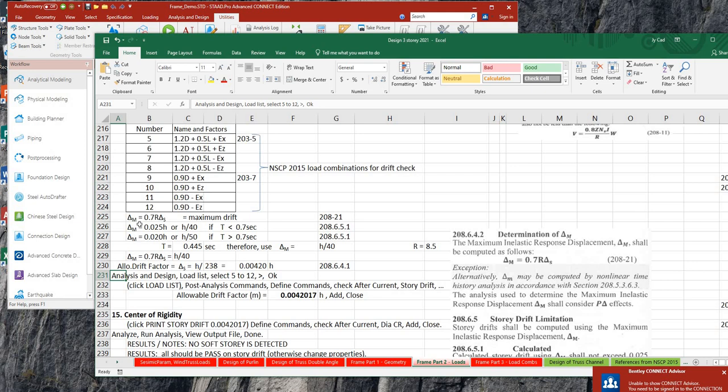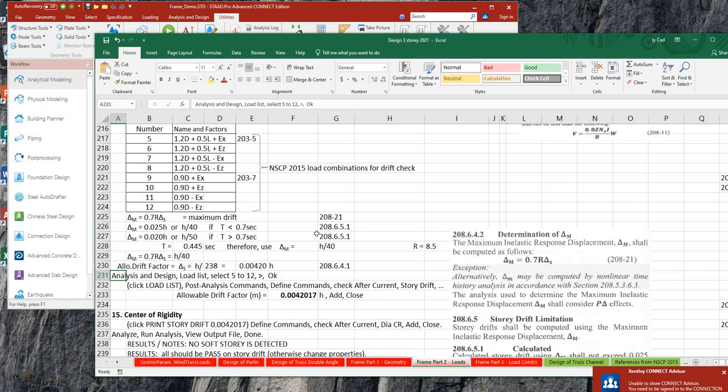Remember that our R is 8.5. Then the delta S is what STAAD will compute. And NSCP also has conditions for the structure period T. If our building is regular, meaning its period is less than 0.7 seconds, the maximum drift is 0.025 H, or H over 40.